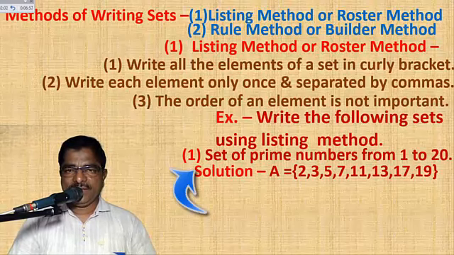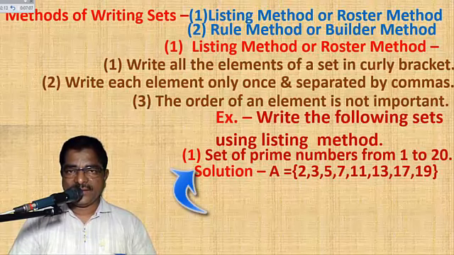A prime number means a number which has no factor except 1 and itself. Then the next prime number is 3.